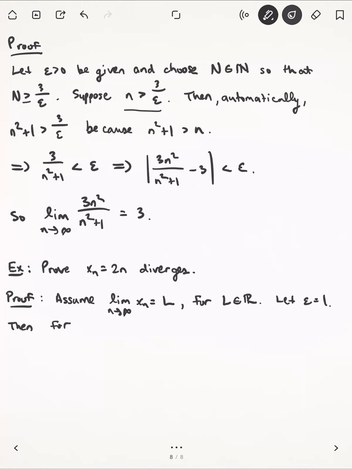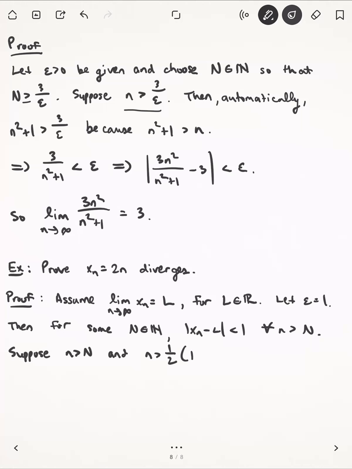Then for some capital N natural number, the absolute value of x_n minus L is less than 1 for all little n bigger than big N. Suppose n is bigger than capital N, and I'm going to take n sufficiently large so that it's bigger than 1/2 times the quantity absolute value of L plus 1.